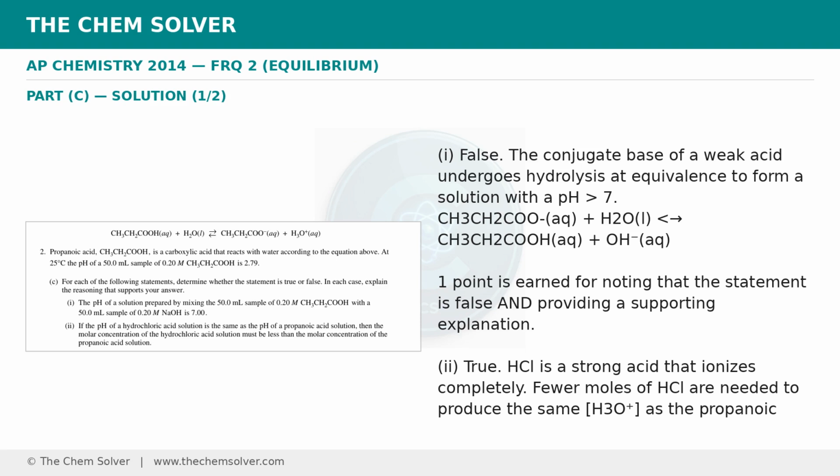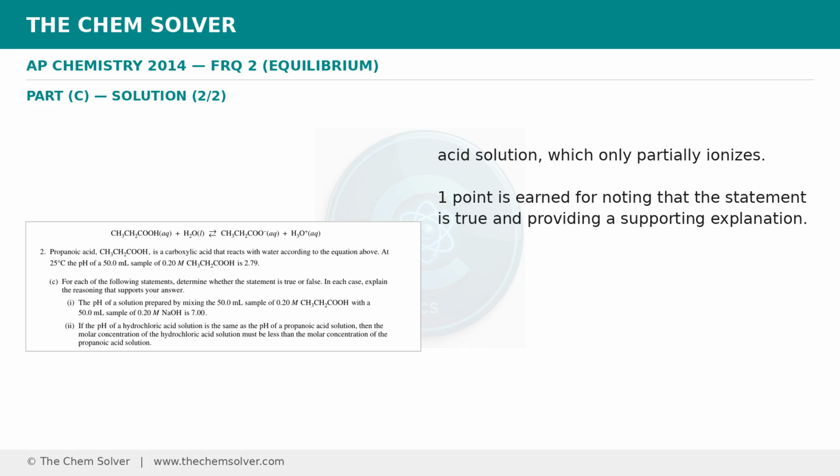True. HCl is a strong acid that ionizes completely. Fewer moles of HCl are needed to produce the same [H₃O⁺] as the propanoic acid solution, which only partially ionizes. 1 point is earned for noting that the statement is true and providing a supporting explanation.